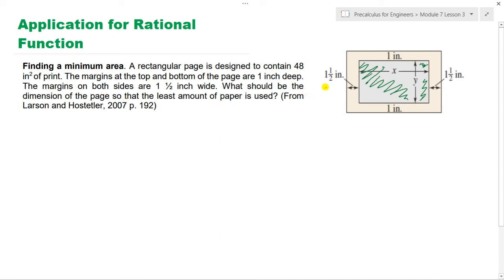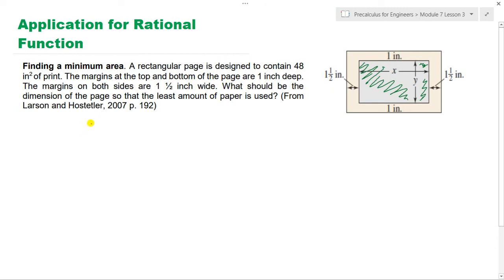Then the margins on both sides are 1.5 and 1.5. What should be the dimension of the page so that the least amount of paper is used? Dapat gamay ra nga papel ang magamit. So unsa ato buhaton niini?